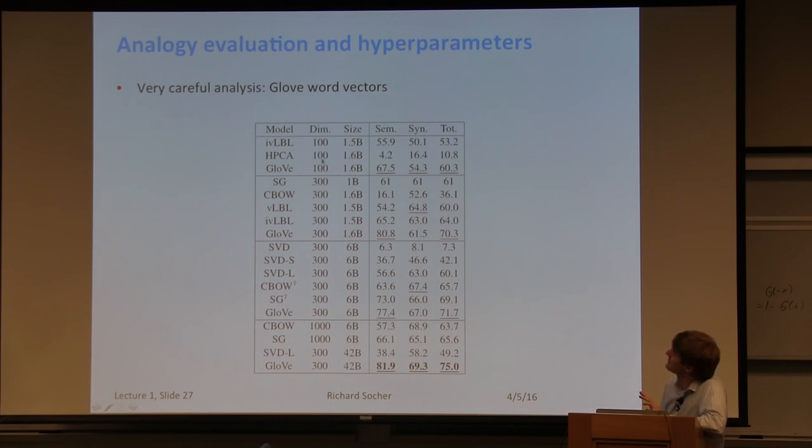The dimensionality, for instance, of the word vectors versus the size of the training corpus. So, for instance, if you take the GloVe vectors, they're 300 dimensional, and you train it on 6 billion tokens, then you would get an accuracy of 71 in terms of these word analogies.